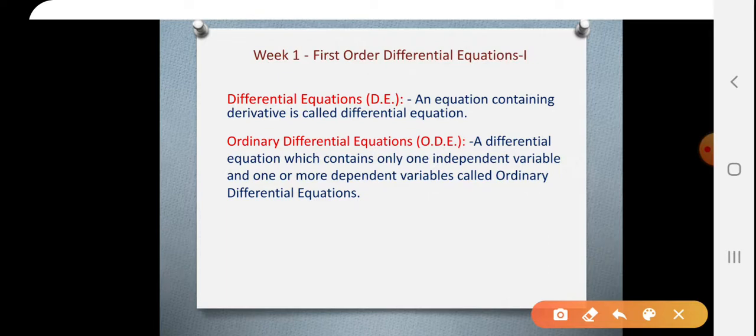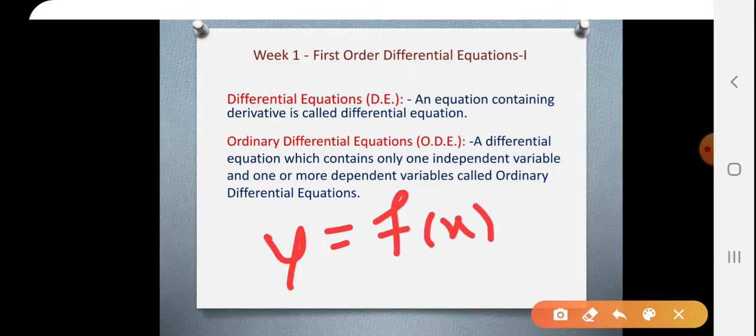Now what is meant by independent variable and dependent variable? If I write y equal to f of x, then this x is the independent variable. x is independent and y depends on x, so it is dependent. See here, x is independent, y depends on it.